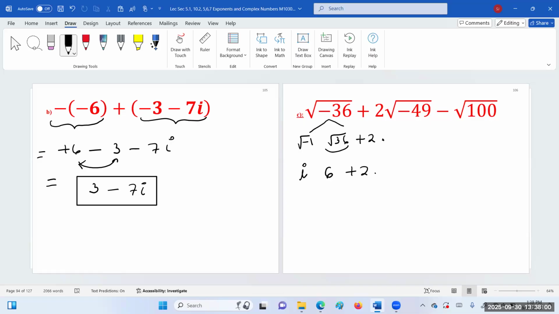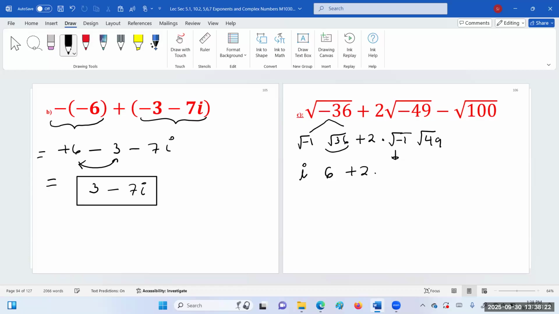Not yet. I'm doing term by term, so combination comes later. The second term. Ethan, go ahead. Square root of -1 again, and then square root of 49, right?